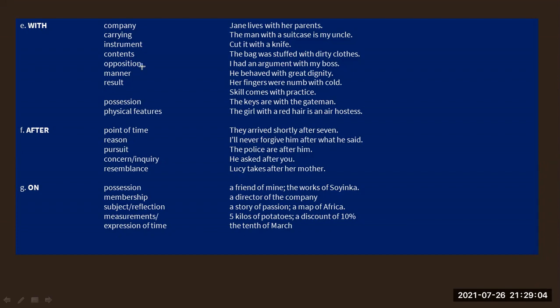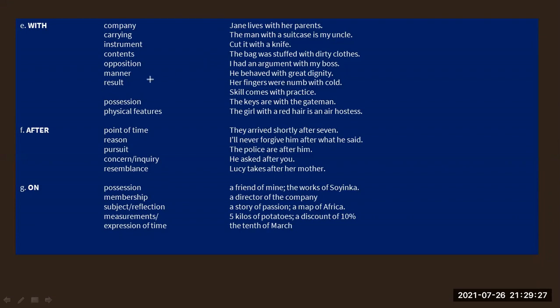Now, opposition. I had an argument with my boss. So that actually indicates opposition. Mr. Okon quarreled with his wife. With his wife.